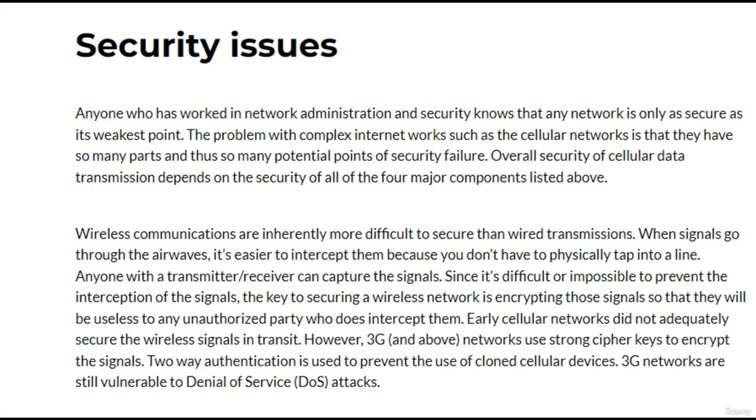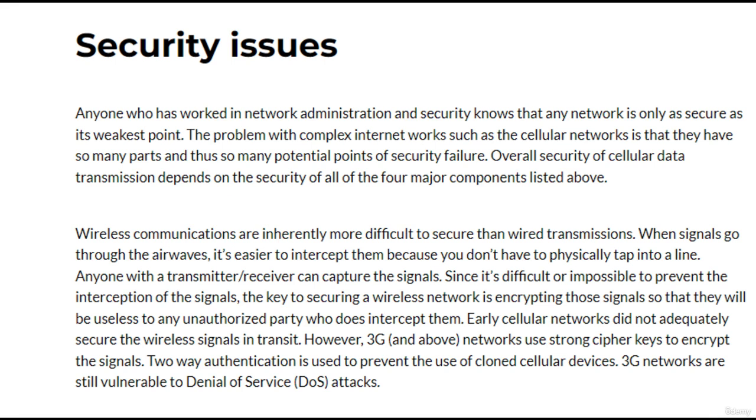on the security of all of the four major components listed above. Wireless connections are inherently more difficult to secure than wired transmissions. When signals go through the airwaves, it's easier to intercept them because you don't have to physically tap into a line.